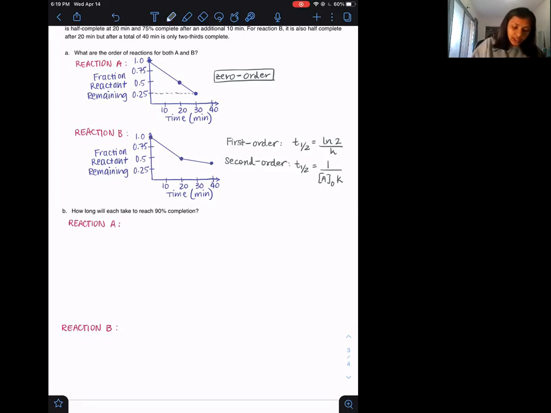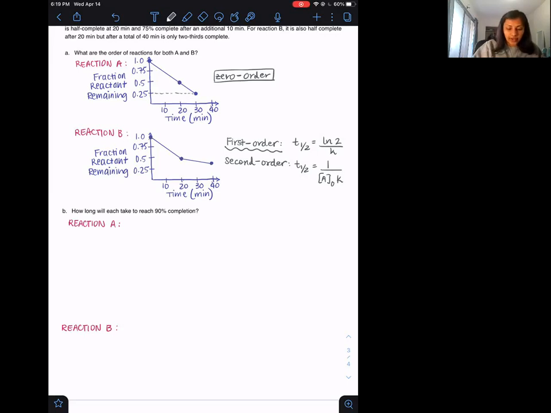First order reactions have a constant half-life, and the half-life of a first order reaction is given by this equation: T1/2 is equal to ln2 over k, where k is the rate constant. This means that in a first order reaction, the time required to go from 100% to 50% of reactants is the same as the amount of time required to go from 50% to 25%.